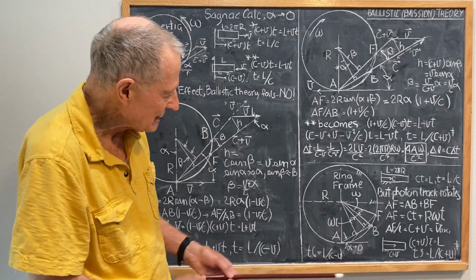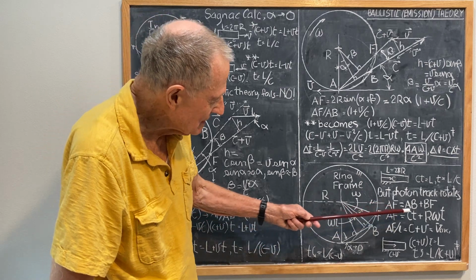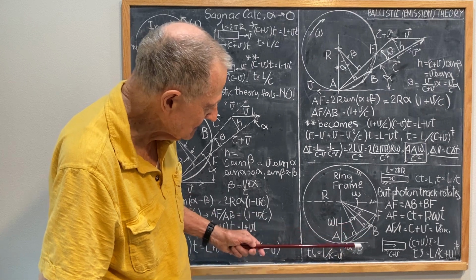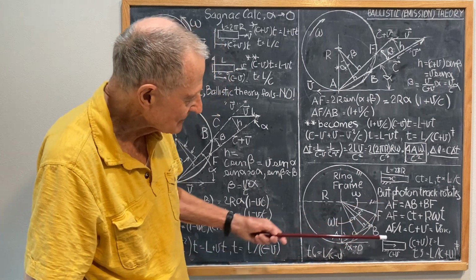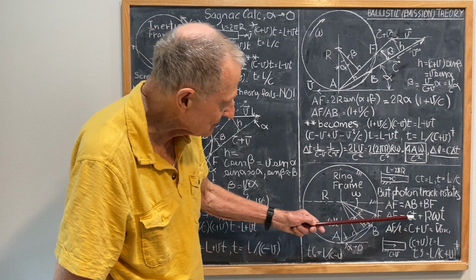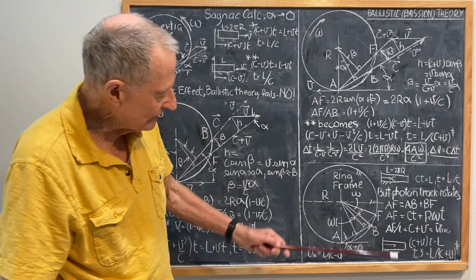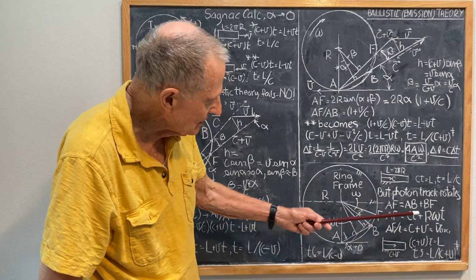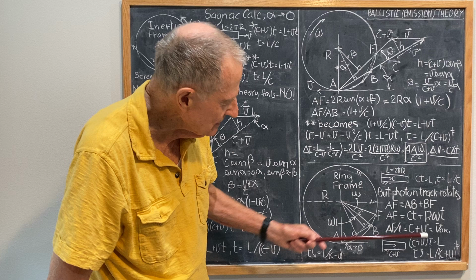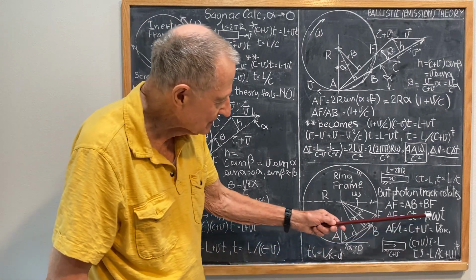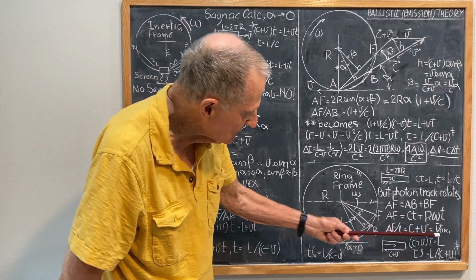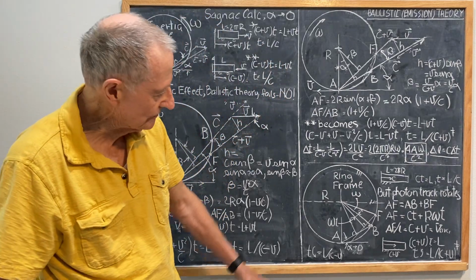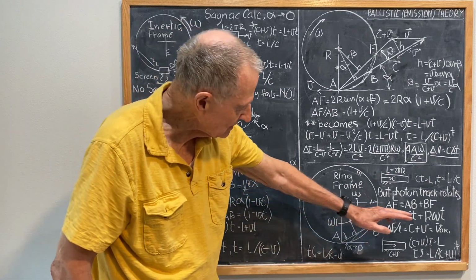All right, so now we have that AF is equal to AB plus BF. So AF is equal to CT plus R omega t. And if I divide that by the time t, I get C plus V, where R omega is V, the circumferential velocity.